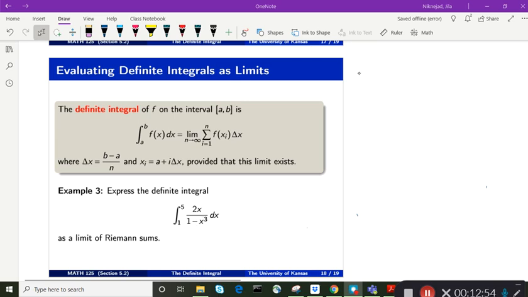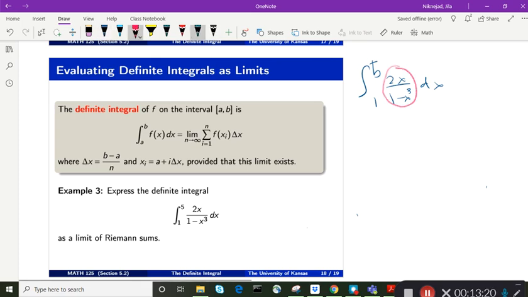So we start from the integral from 1 to 5, 2x over 1 minus x to the third dx. So what is the function? Function is this one.